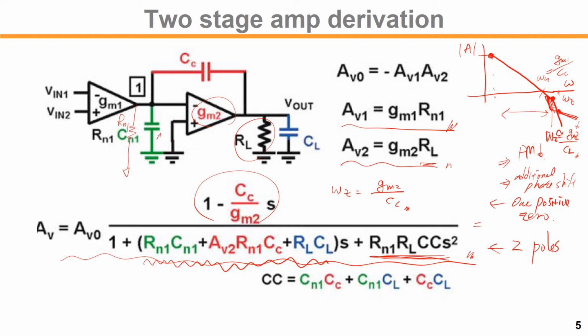So the actual omega 2 will be slightly less than GM2 over CL, because the effective GM2 is smaller due to CN1. Let me draw in a different color. So the overall response is something like this.